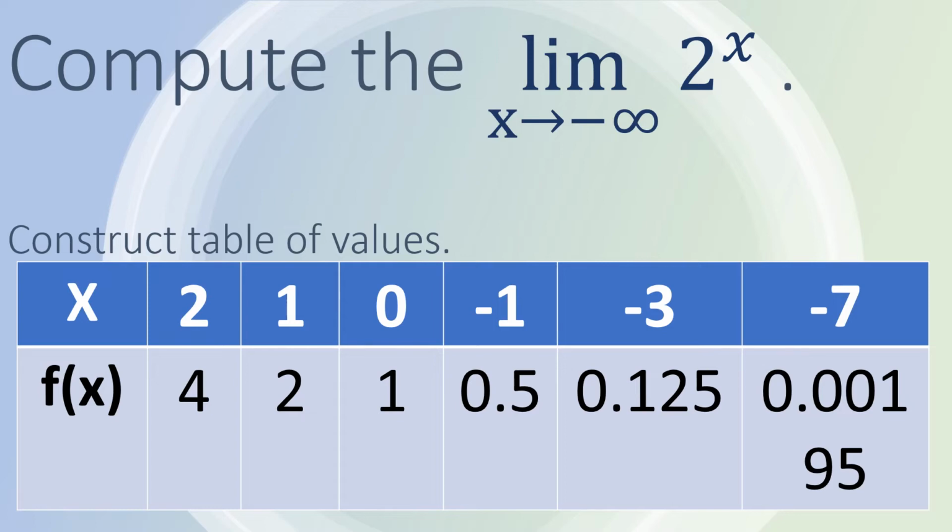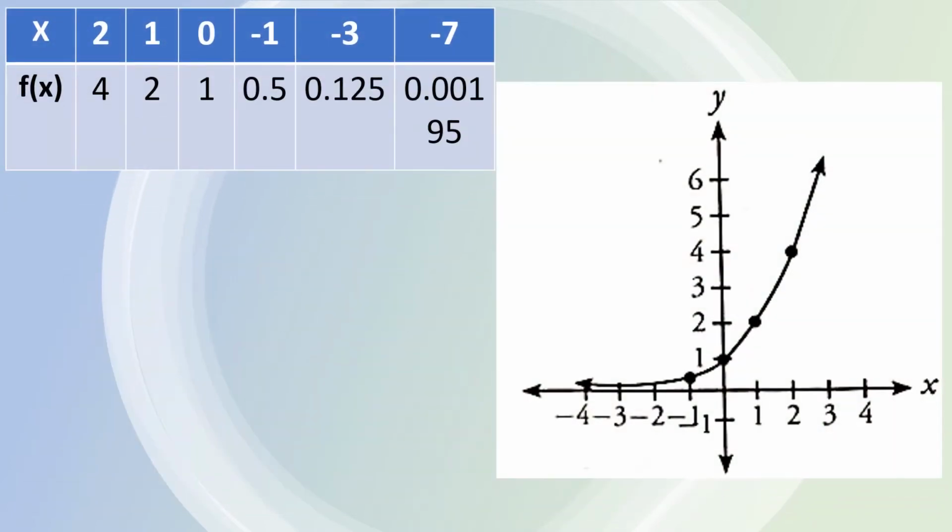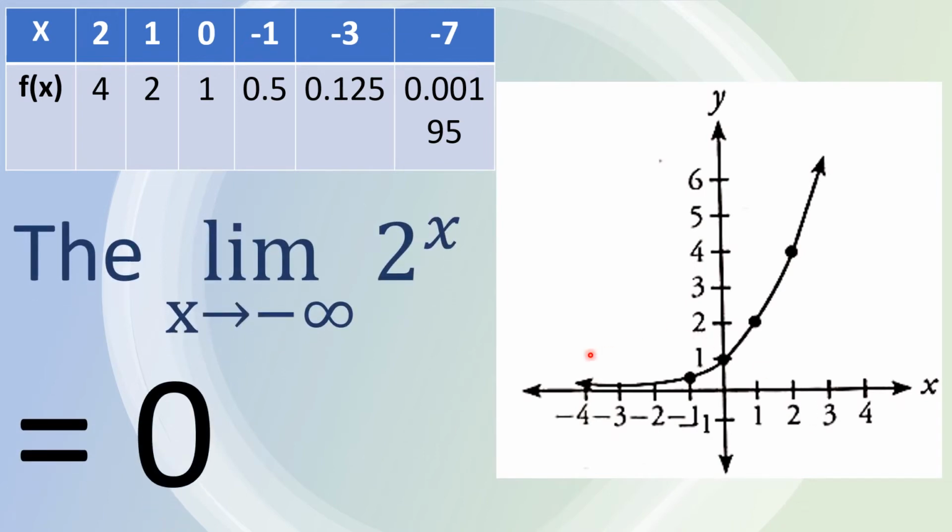So anong na-observe nyo? The limit of 2 to the power of x as x approaches negative infinity is equal to 0. Habang papunta sa negative infinity, negative 10, negative 20, papunta rin siya sa 0. So the answer is 0.